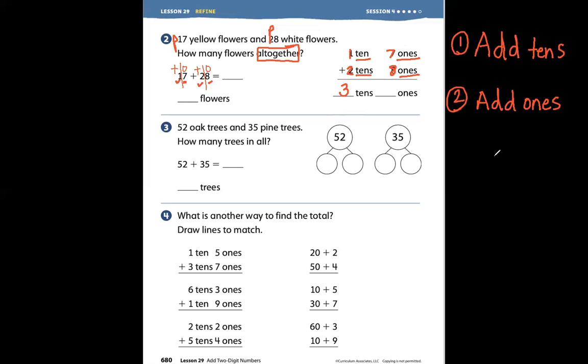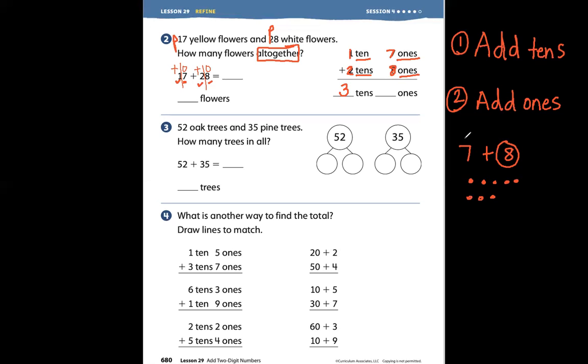Remember the make a 10 strategy. 7 plus 8, right? Or you could use the doubles plus 1. So let's do our make a 10 strategy. 8 is greater. We have 1, 2, 3, 4, 5, 6, 7, 8.